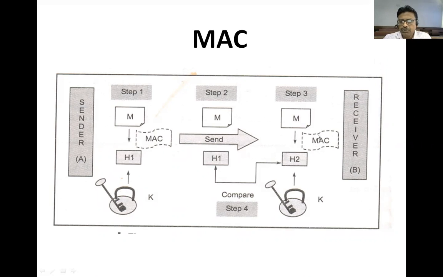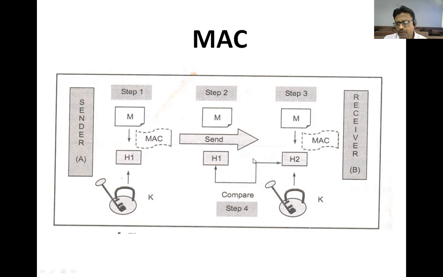So when B receives this message, it again calculates its MAC value by using the shared secret key K. It tries to find the MAC value, and that is H2.